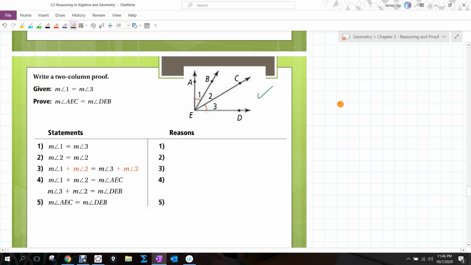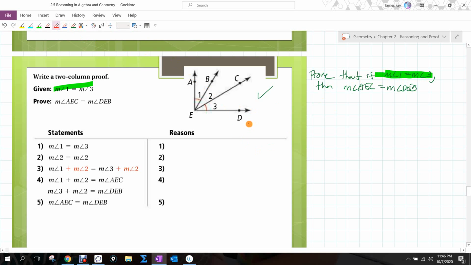All right. So, number one thing we're going to do, we're going to look at this, and this is exactly what I said earlier. Basically, what would be asked in this problem would be: prove that if the measure of angle 1 equals the measure of angle 3, then the measure of angle AEC equals the measure of angle DEB. So our given is the hypothesis of some if statement, or some conditional.